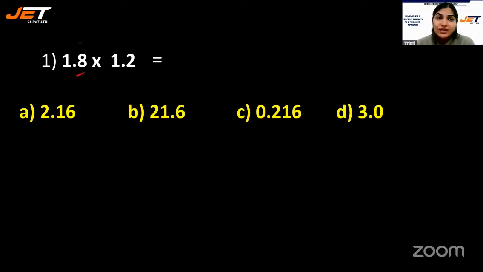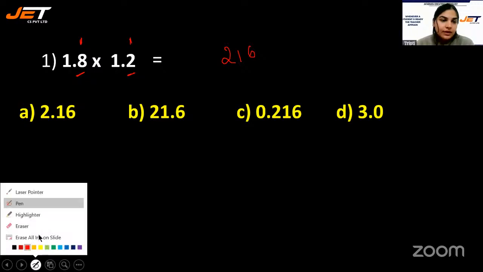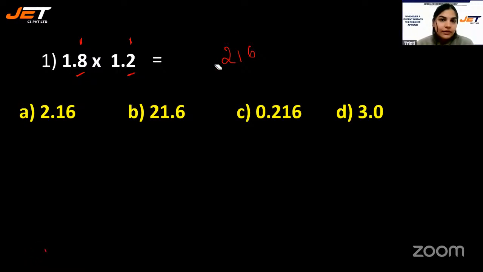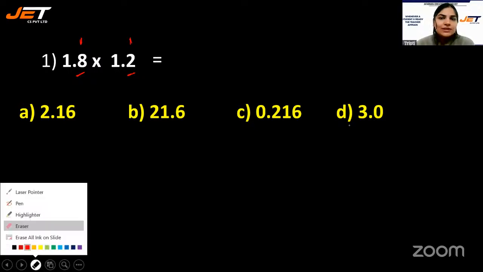Here we have only one decimal place, and here also we have one decimal place, right? So that means a total of two decimal places. When you multiply 18 and 12 normally, you will get 216.